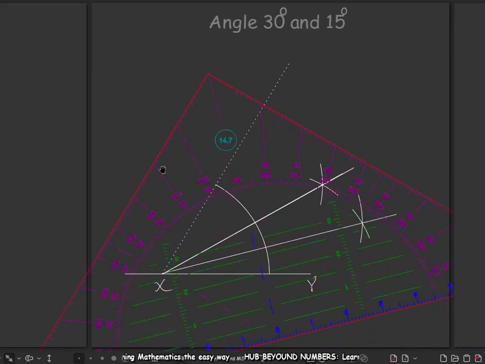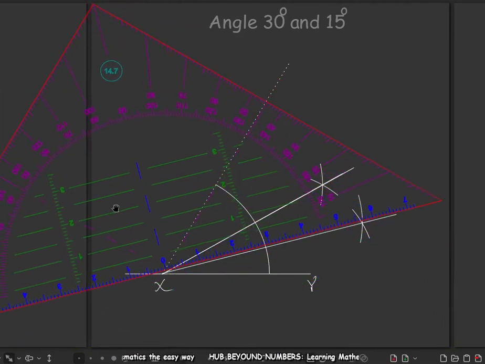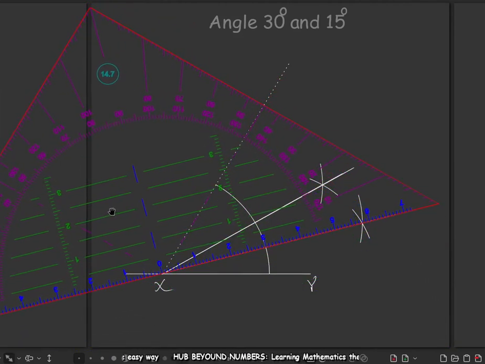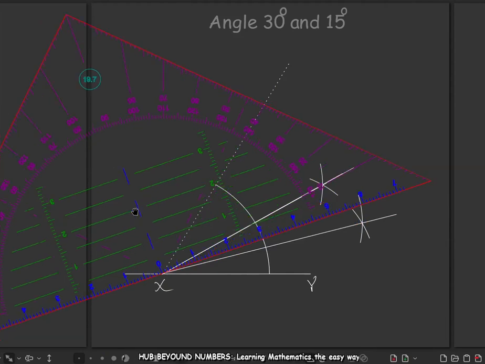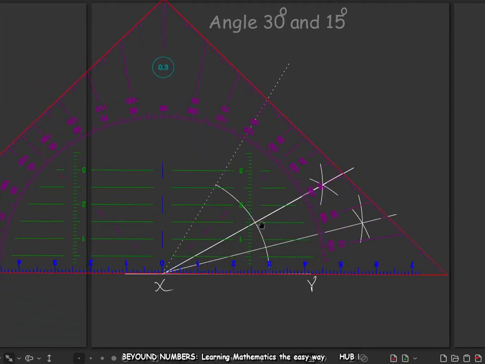Now, if you measure it, you realize that it's exactly 15 degrees. So you take your protractor and then you do your measurement. As you can see, starting from the inner, I have my 0 here, 10 is here, and then I have my 15 over here as well.